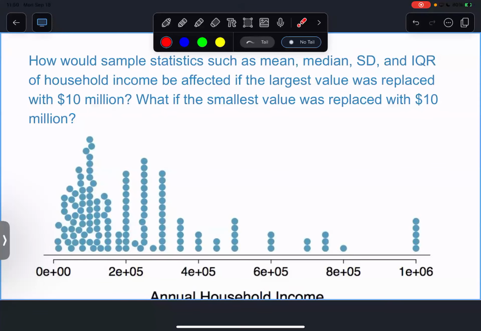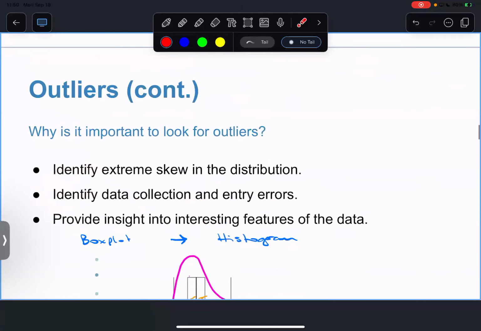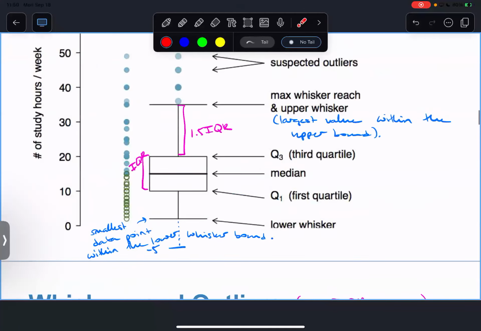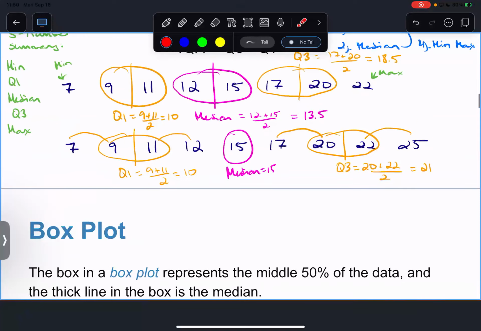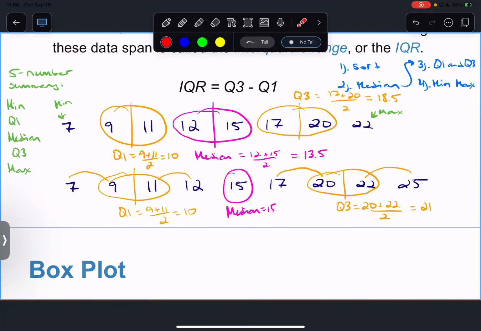I'm just going to go back to the one that we were working on here. If I change this last value to 250, would the median change? No. It doesn't care, because it just boops in, okay?